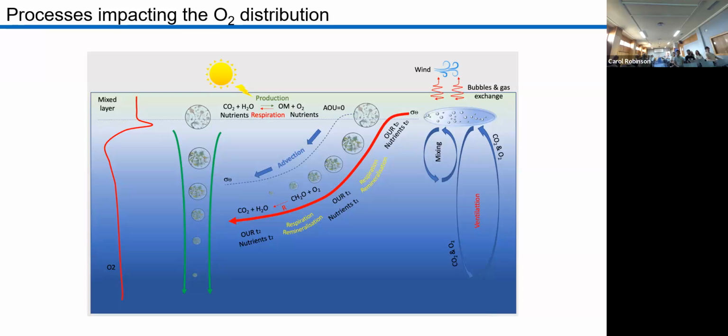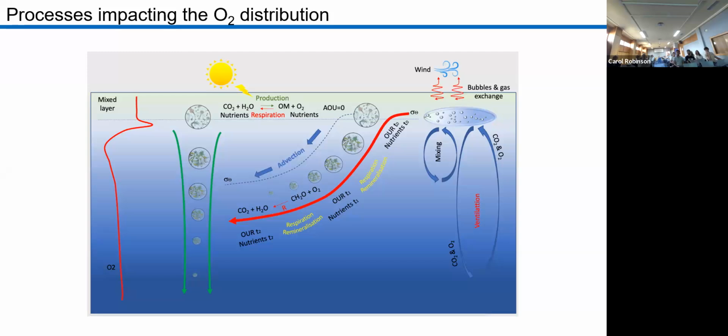Within the water column, at the surface you have mixing in a mixed layer, or advection of water masses deeper in the water column, or convection to the bottom of the ocean, ventilating the different levels of the water masses and bringing down the oxygen.